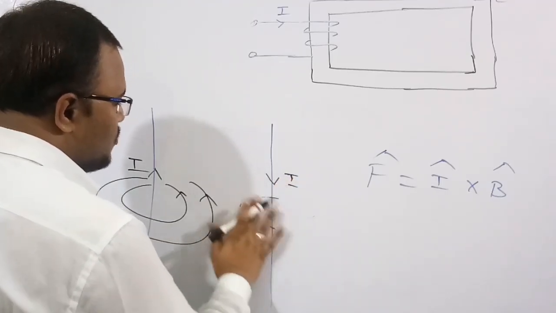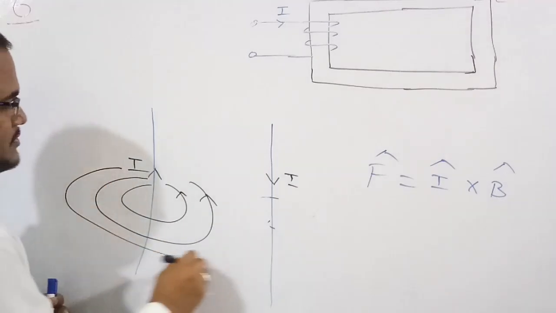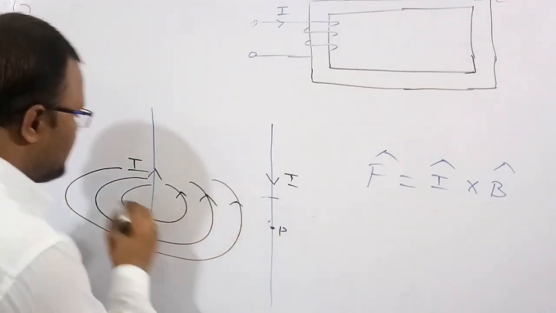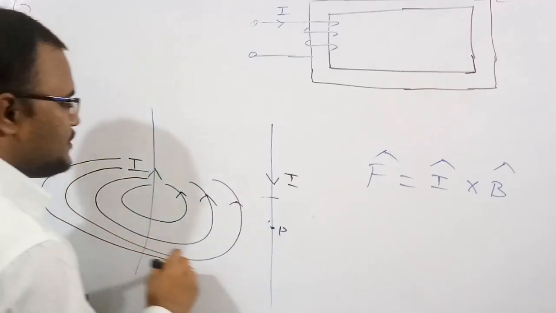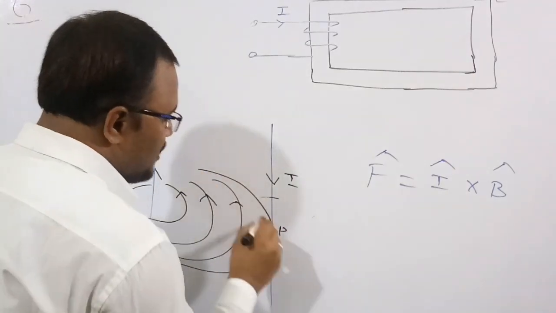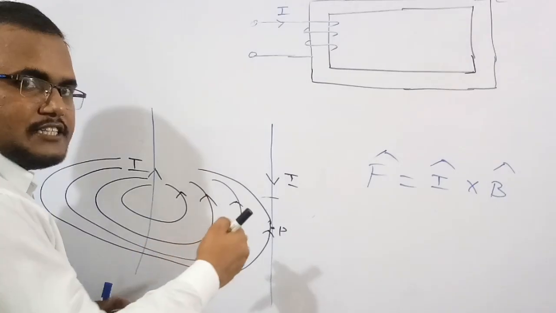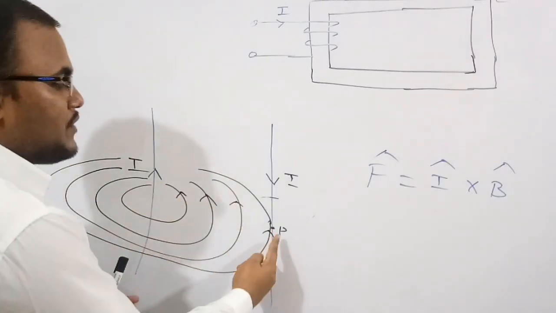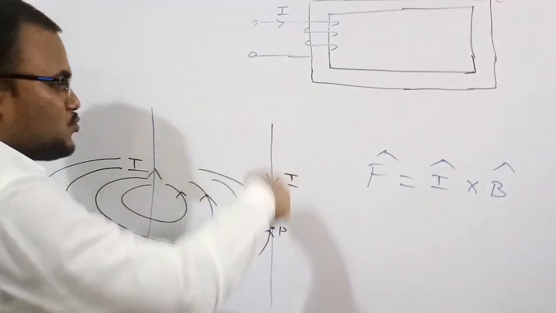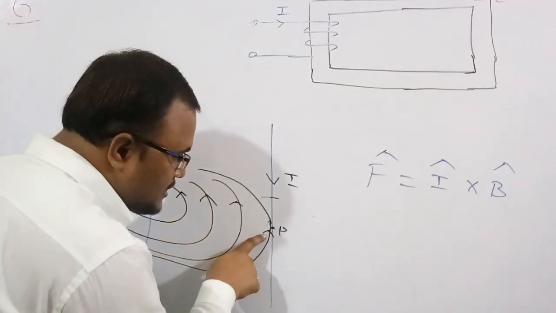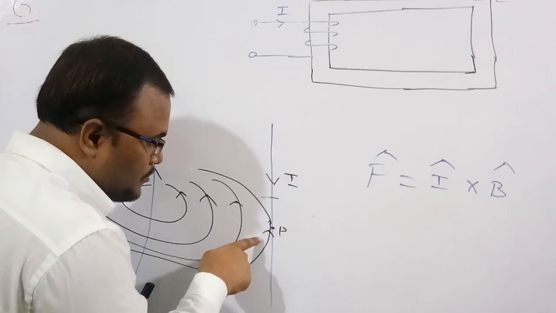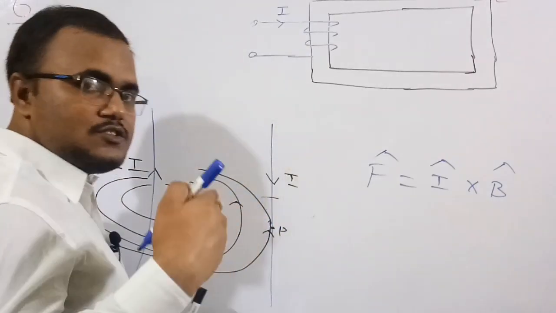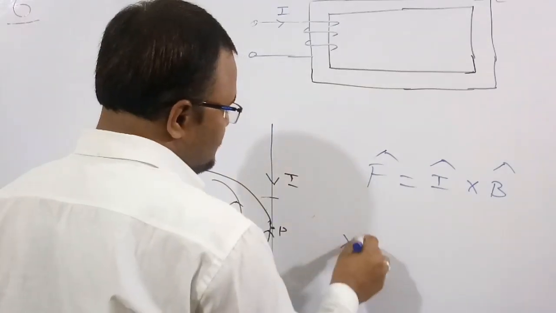Now the same thing will happen again, the same direction of magnetic field. But if you see across this point P, let me assume the point P, the magnetic field direction will be inside at P, right? So because of this wire, the magnetic field at point P on this wire is in the inside direction. The arrow is going inside, and inside means always a cross.